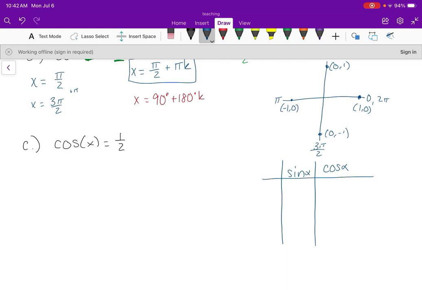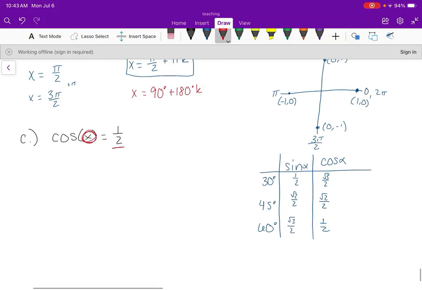I'll write tangent later if we need it, but right now we really don't. So 30, 45, 60, 1/2, root 2 over 2, root 3 over 2, root 3 over 2, root 2 over 2, 1 over 2. So what I'm asking here is, what angle would you plug in for this x so that cosine equals 1/2.